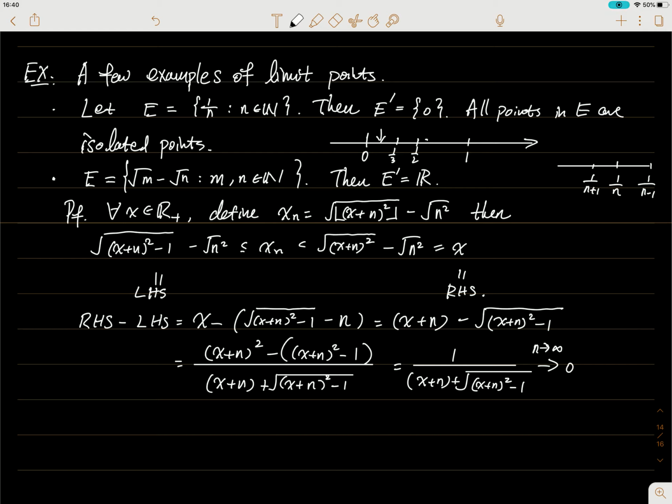So you can see that for every point in E, you can draw a neighborhood of it, an open interval around this point. Say, for example, you look at the point 1 over n.